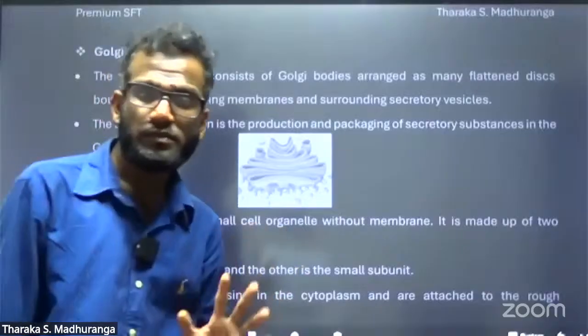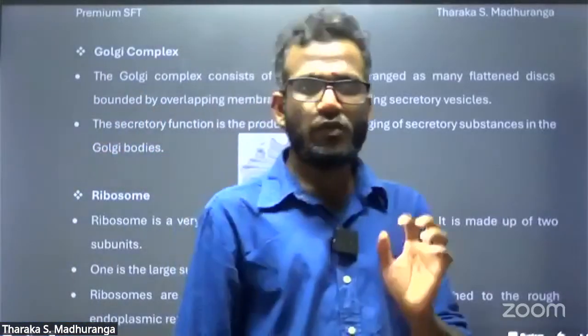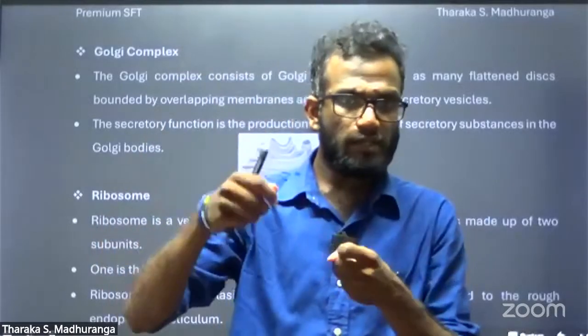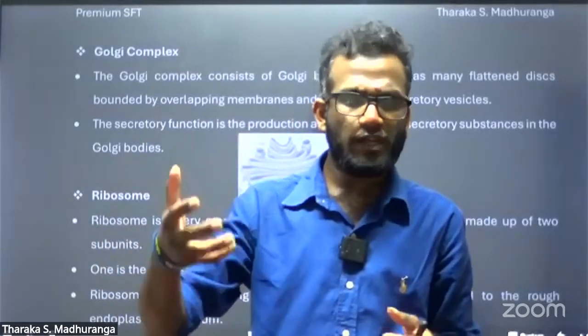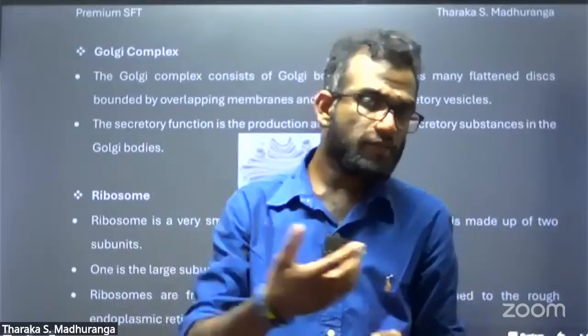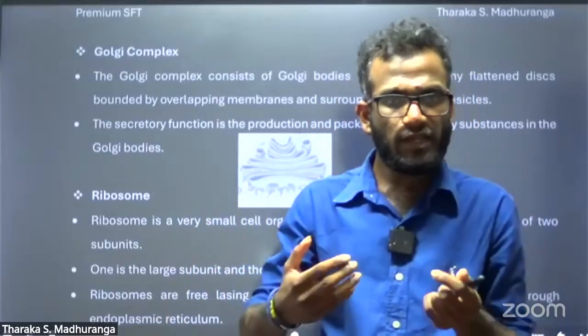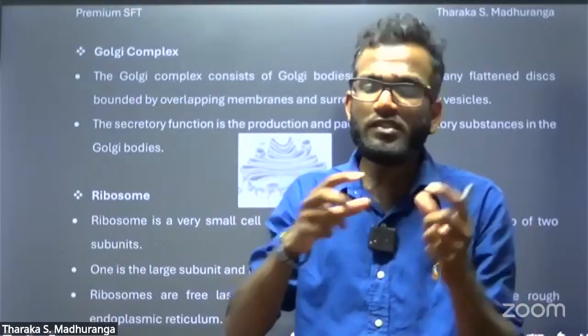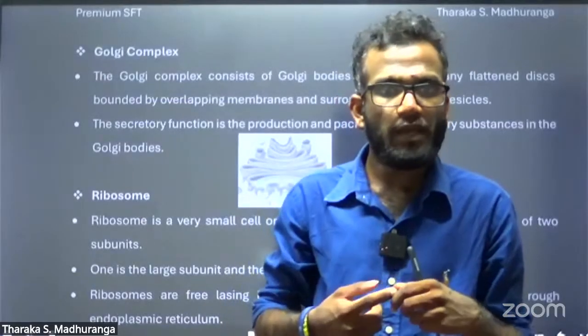Okay, can you understand what the main function is? The main function of the Golgi body is to handle secretory materials. Secretory materials mean different secretions like enzymes, which it produces and releases, and a lot of digestion is done by these Golgi bodies.